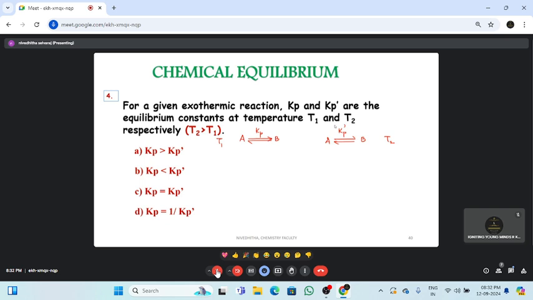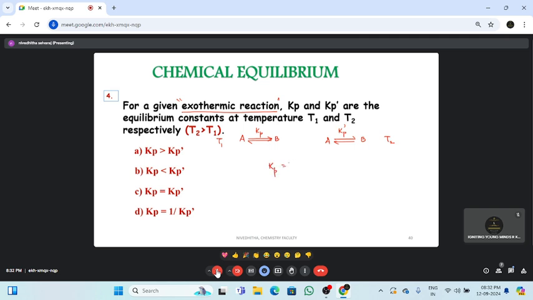We'll check Tatvatika. See, as far as an exothermic reaction is concerned, if you increase the temperature, will it make the reaction favorable? No. Because what is an exothermic reaction? Whenever the reaction is happening, heat energy is getting liberated. So for such a reaction, heat energy is not required. So if you increase the temperature, then definitely we are disturbing the system. So what is Kp?